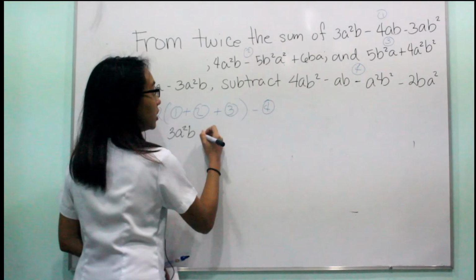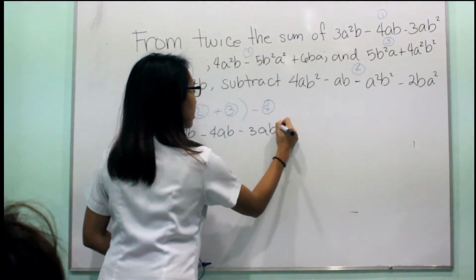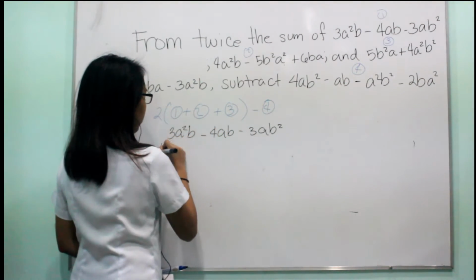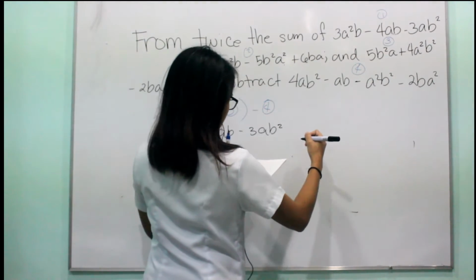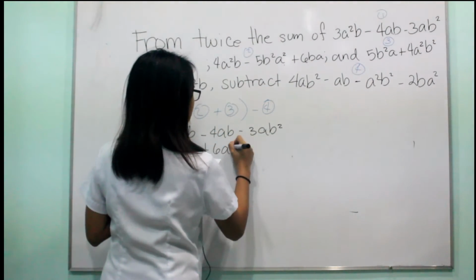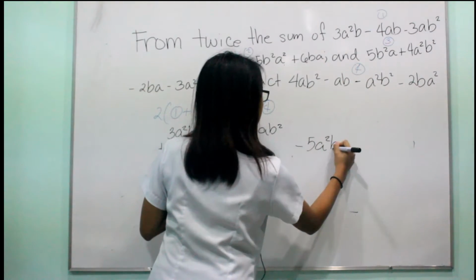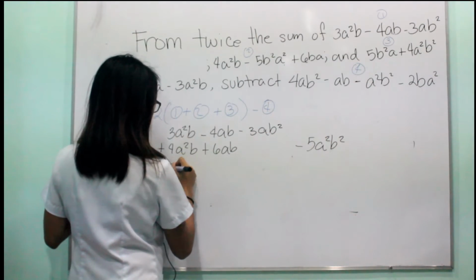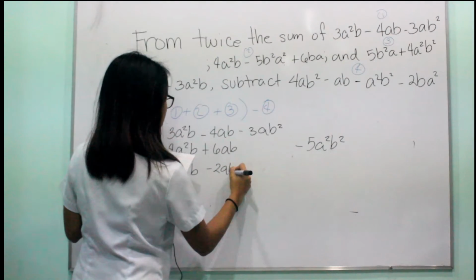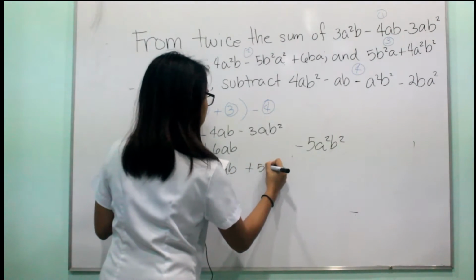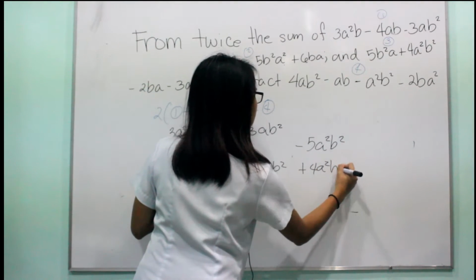So 3a squared b minus 4ab minus 3ab squared, plus 4a squared b, plus 6ab, minus 5a squared, minus 3a squared b minus 2ab, plus 5ab squared, 4a squared b squared.